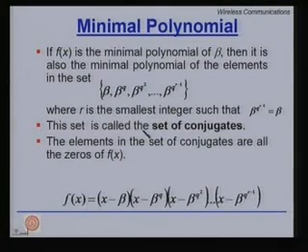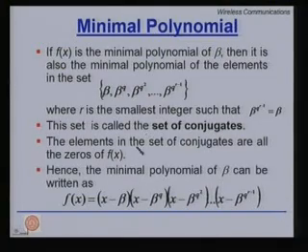This set is called the set of conjugates. The elements in the set of conjugates are all zeros of f(x). Hence, the minimal polynomial of beta can simply be written as f(x) is equal to (x minus beta) (x minus beta raised to the power q), so on and so forth till (x minus beta raised to the power q raised to the power r minus 1).